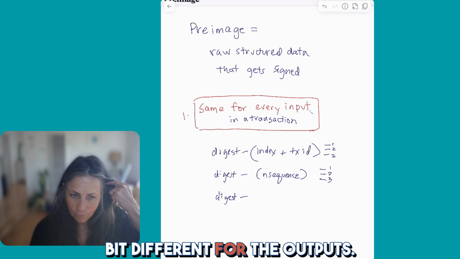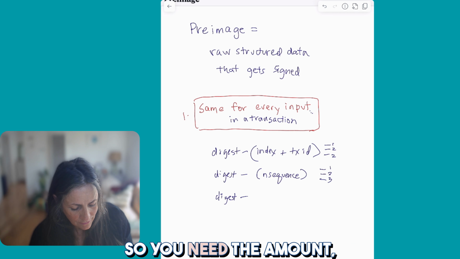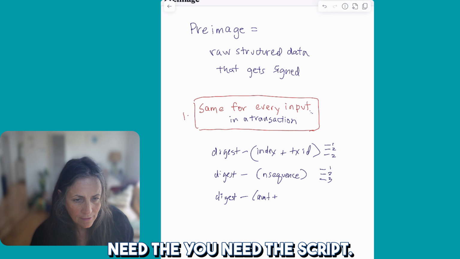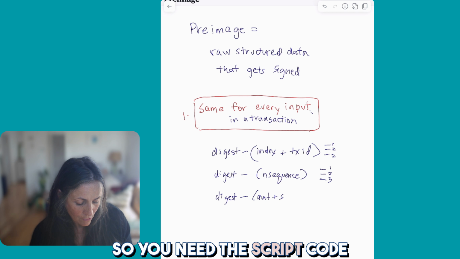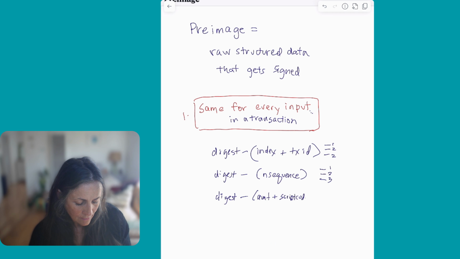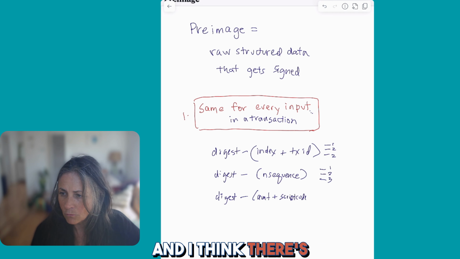And then we need a digest of the outputs. It's a little bit different for the outputs. You need the amount, so the number of satoshis, and you need the script, the script code that's associated with it. And I think there's one other thing.